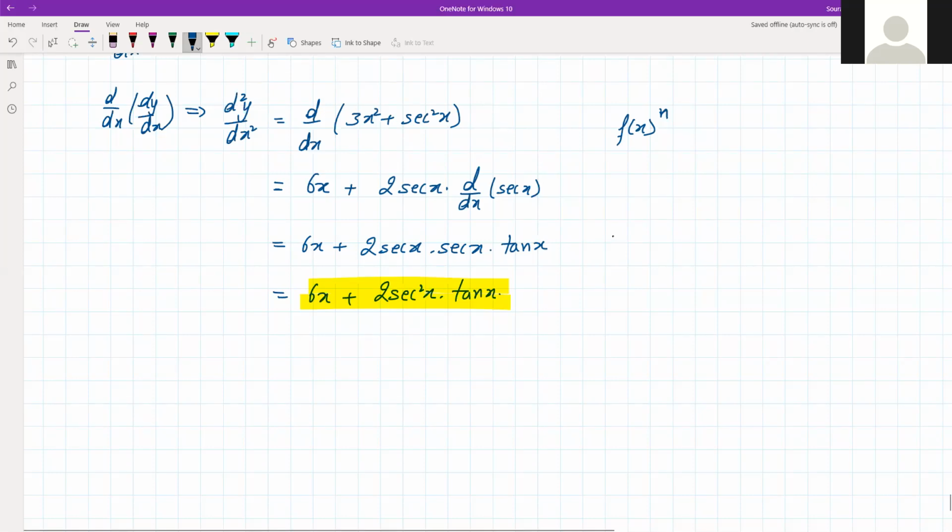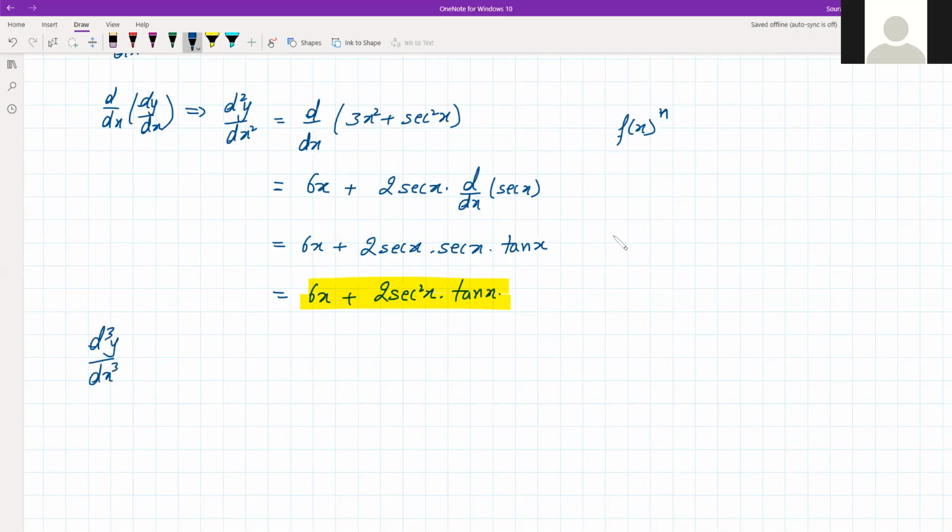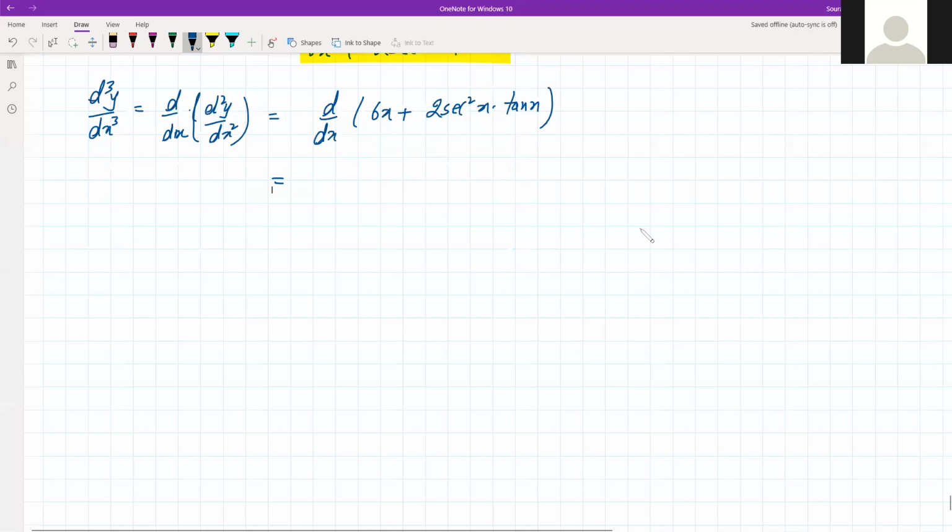Now suppose you had to find the third order derivative, that is, you have to find d cube y divided by dx cube. So in that, what do we have to do? We have to now differentiate this once again with respect to x, right? That means we have to differentiate this function 6x plus 2 secant square x into tan x. Differentiation of 6x is simple, that will be just 6.